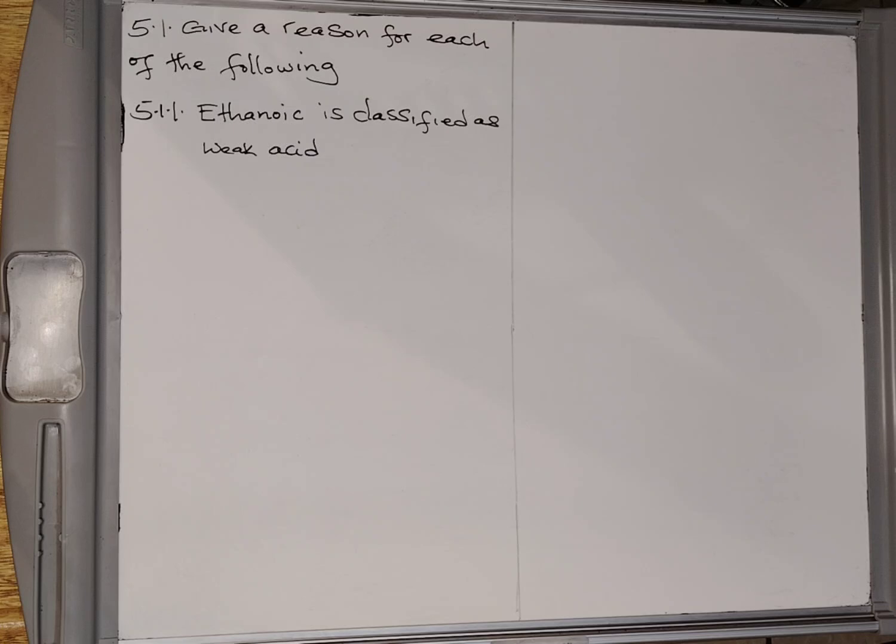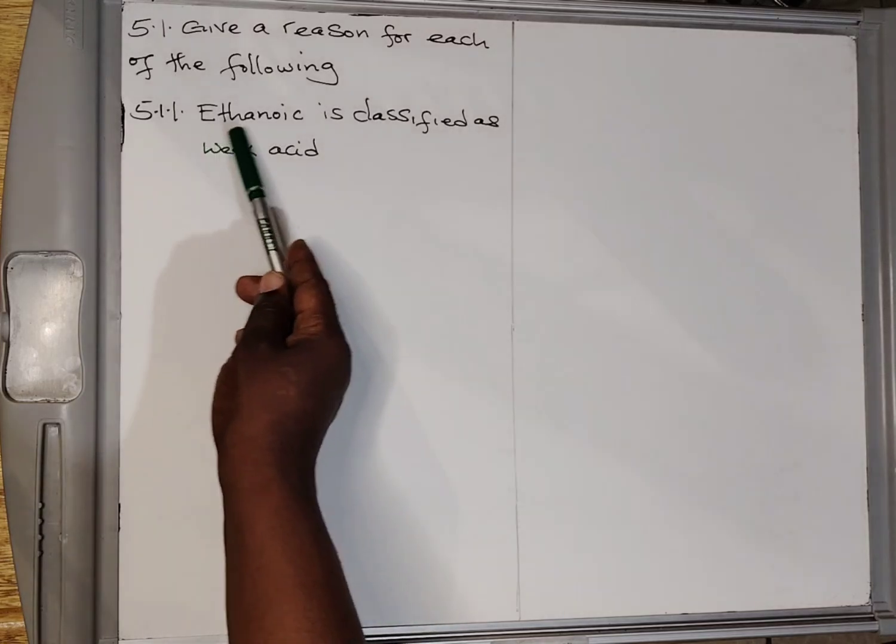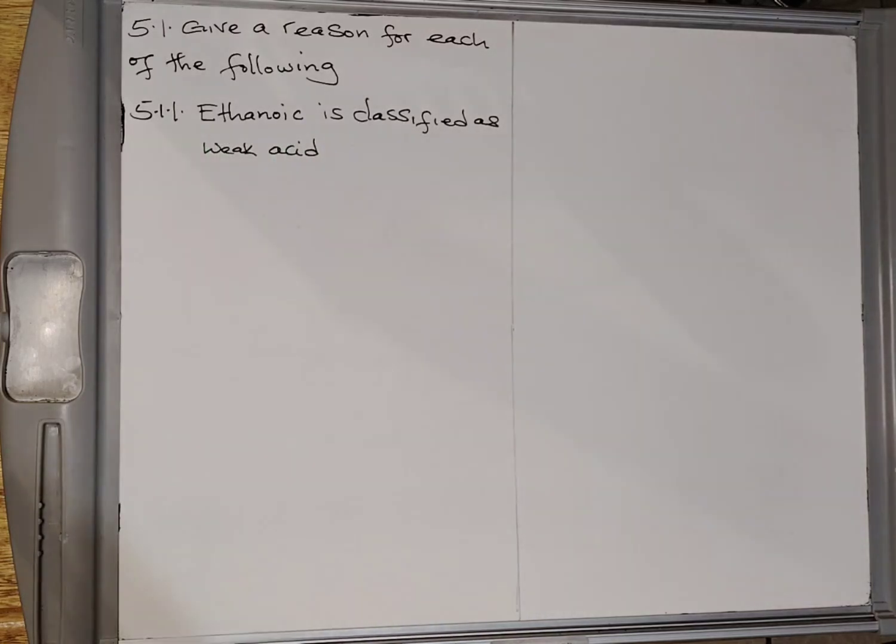Strong acids are fully ionized and weak acids are partially ionized. So there lies the answer. Why do we say ethanoic acid is a weak acid? It is partially ionized.